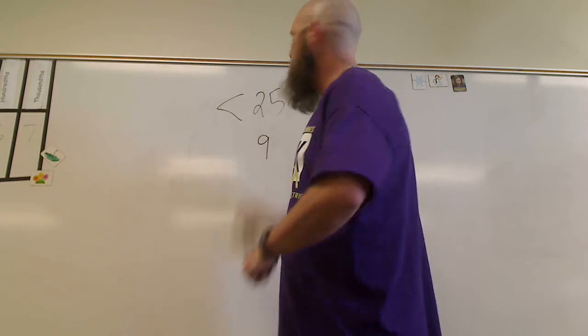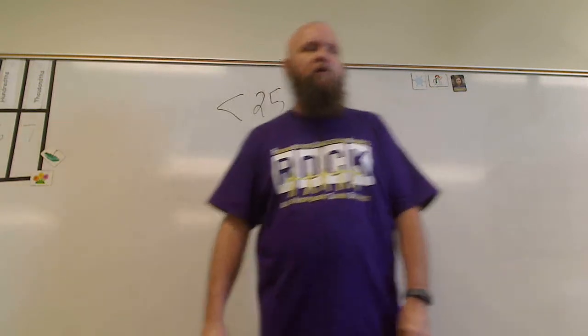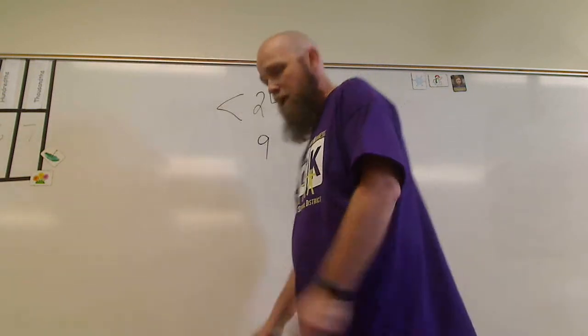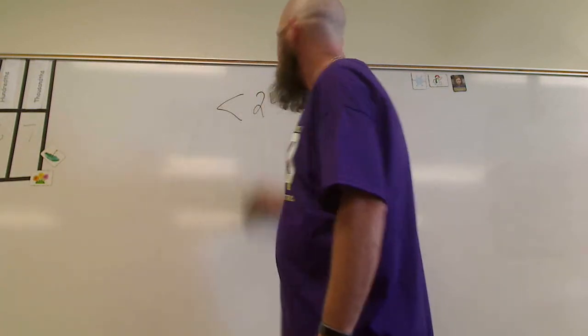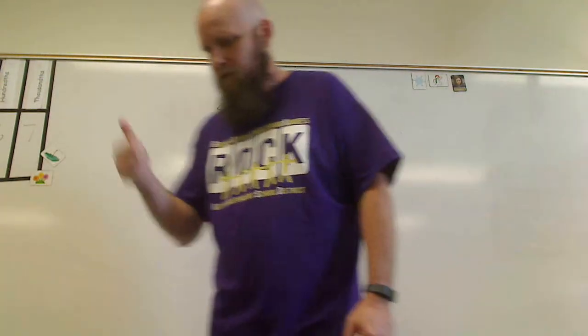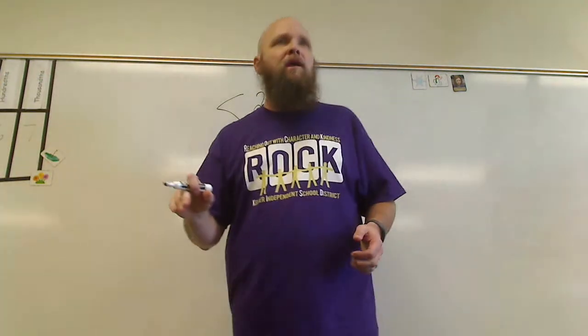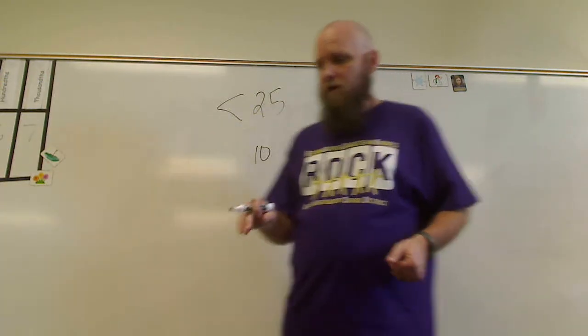You with me, Gershon? Wait, is it 8? Well, we have 13, 14, 14, 16, 19, 21, 21, 22, 23, 24. So there should be 10. Okay? So 10 were fewer than 25.